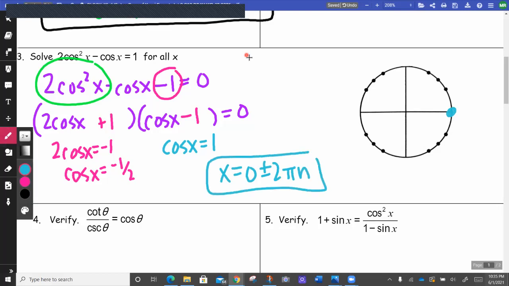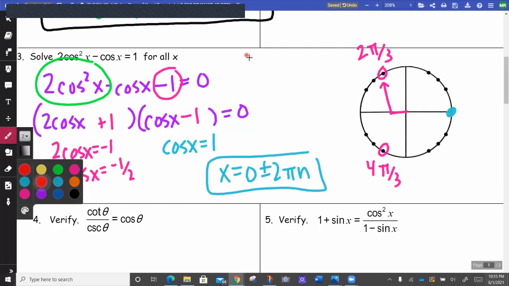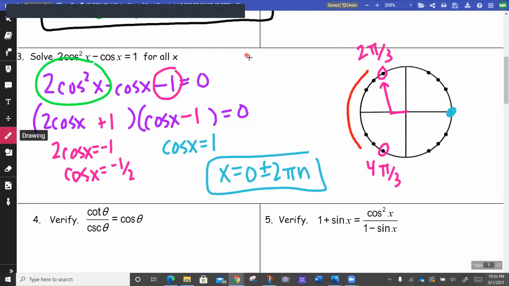For the cosine of -1/2, that's going to be short, long, short, long, but over here in this quadrant. So this is going to be 2 pi thirds, and this is going to be 4 pi thirds. And you see the distance from here to here is not the same as the distance from here to here.